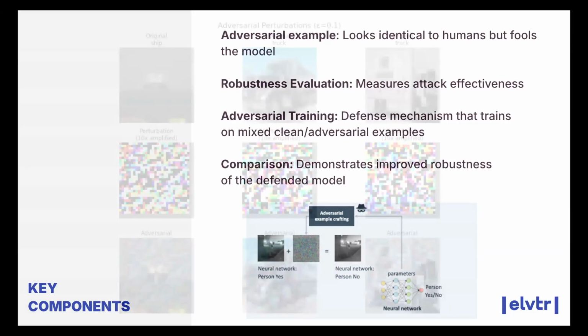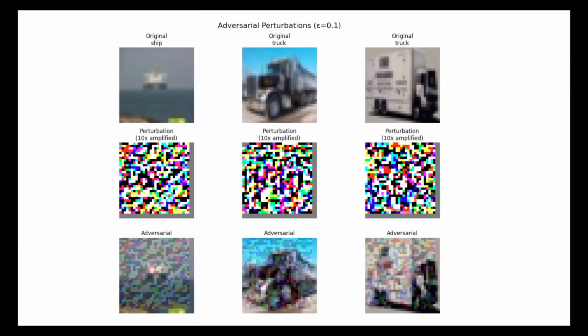All right. So how does it work? Basically, we start with a correctly classified image. The model identifies it as a ship or a truck. Then we calculate the gradients: how much would changing each pixel affect the prediction? We do this a lot of times by making a change and submitting it over and over again and looking at the result.